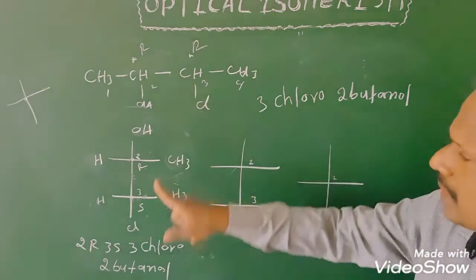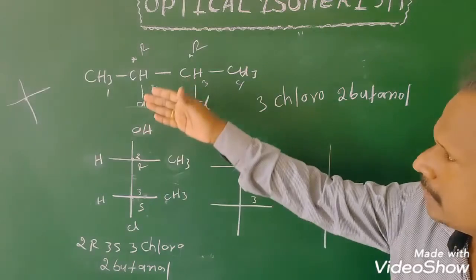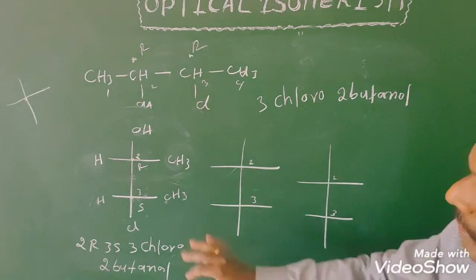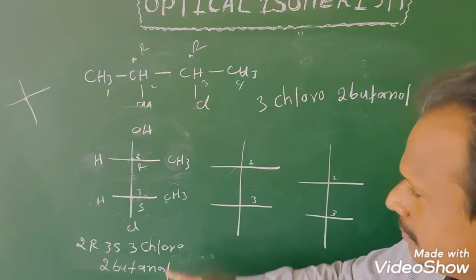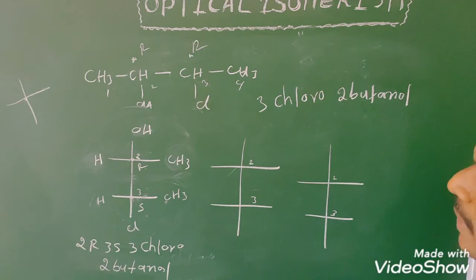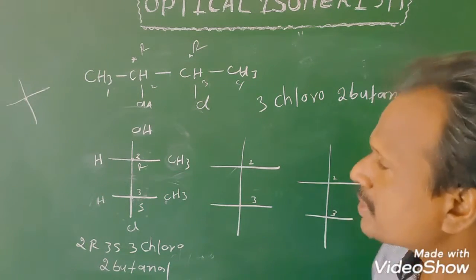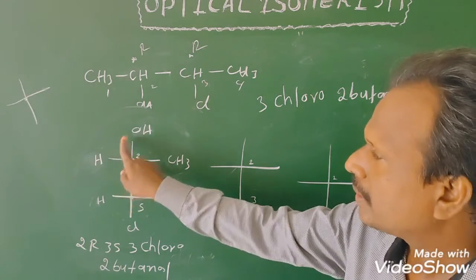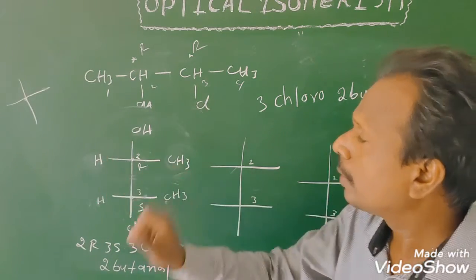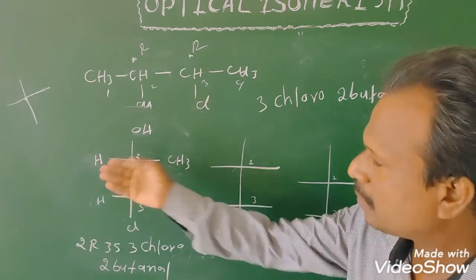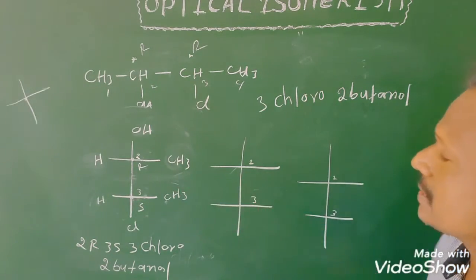This Fischer projection has 4 isomers. One isomer is 2R,3S-3-chloro-2-butanol. Another isomer is obtained in Fischer projection by exchanging the groups which are at 90 angle. If two groups at 90 angle are exchanged, then what happens? Chirality changes.